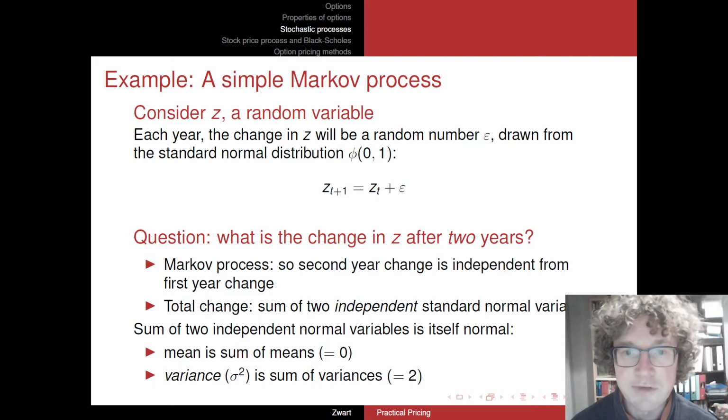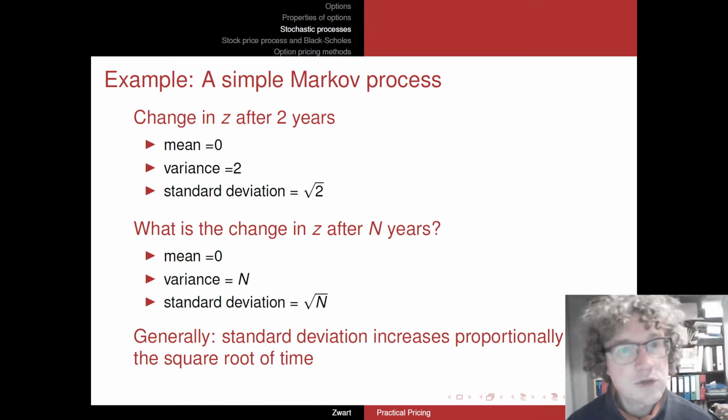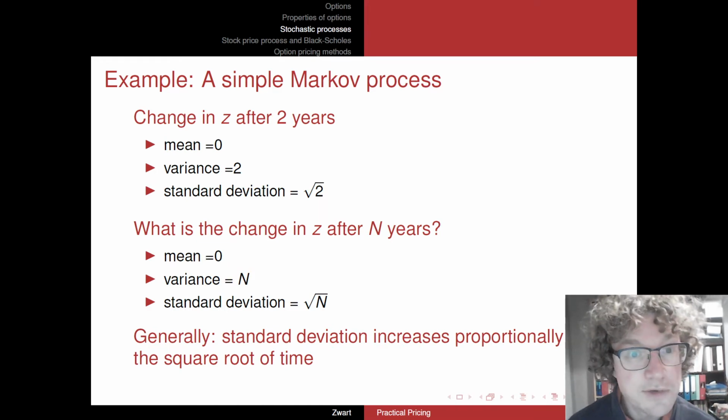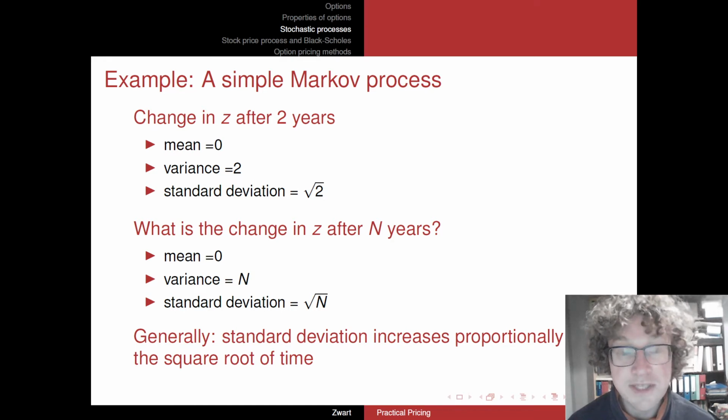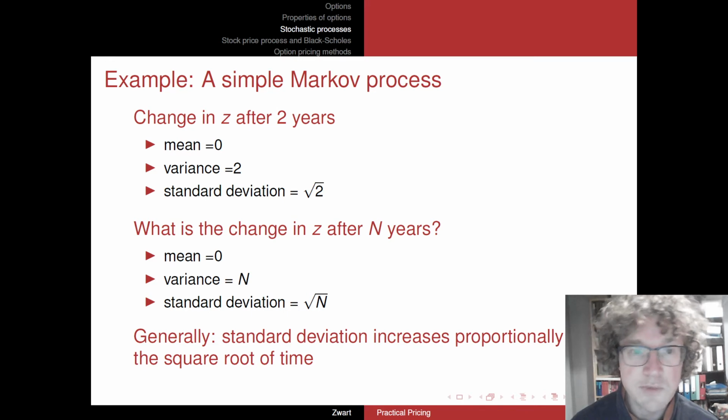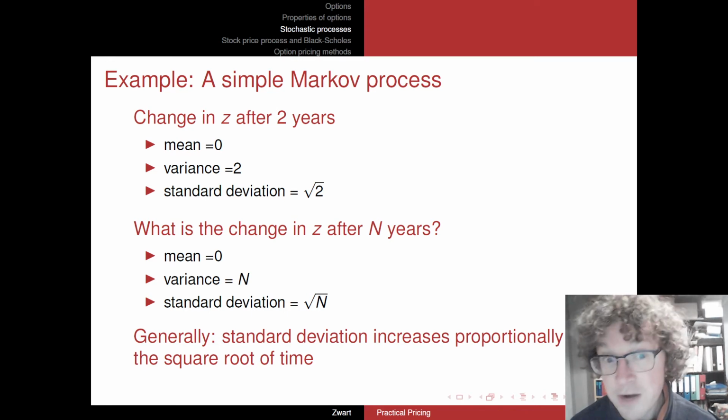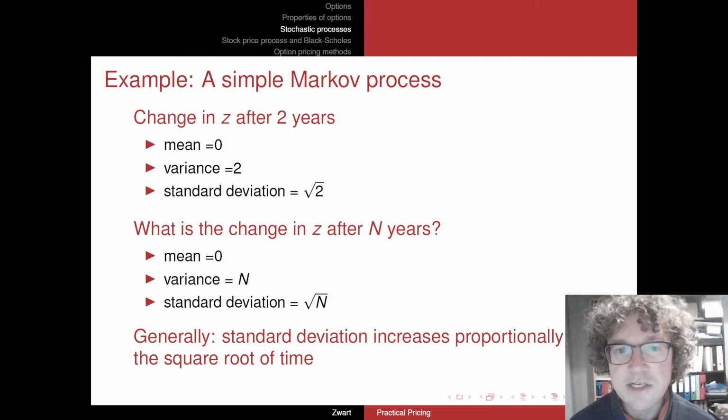Each individual variance will be 1, so after 2 years, the variance will be 2. So the change in our variable z after 2 years will be distributed according to a normal distribution with mean 0 and a variance equal to 2. And if the variance is 2, then the standard deviation is the square root of 2, since the standard deviation is the square root of the variance.